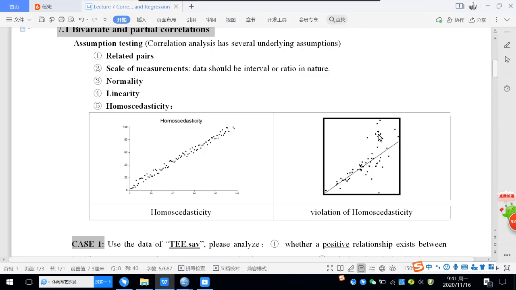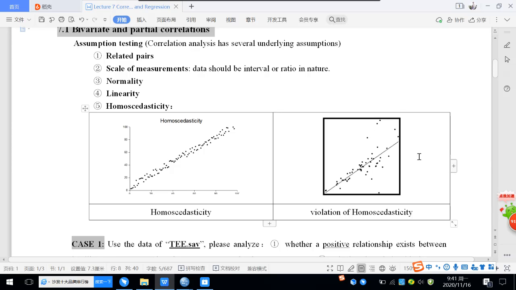If we drop this one down to here, and this one down to here, and move this dot to here, then we can say that these data are homoscedastic. Can you understand it?